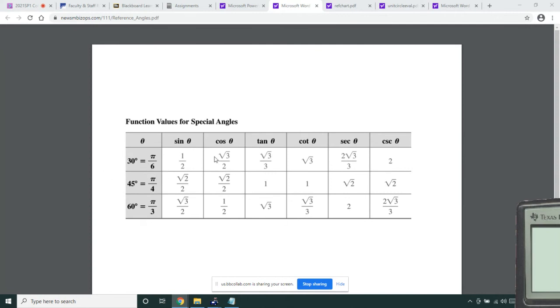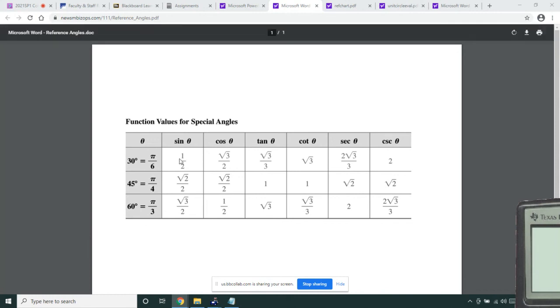The cosine of 30 degrees is square root of 3 over 2. The cosine of 210 degrees is negative square root of 3 over 2. The tangent would remain the same, square root of 3 over 3. The cosecant is negative 2 for 210 degrees. The cotangent of 30 degrees is square root of 3, which is also the cotangent for 210 degrees.